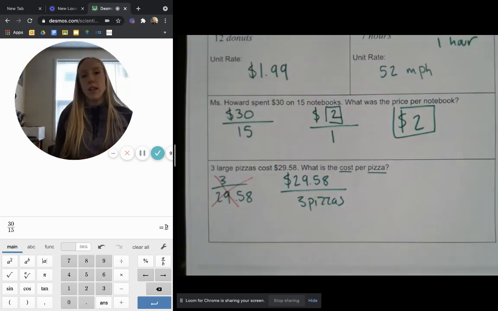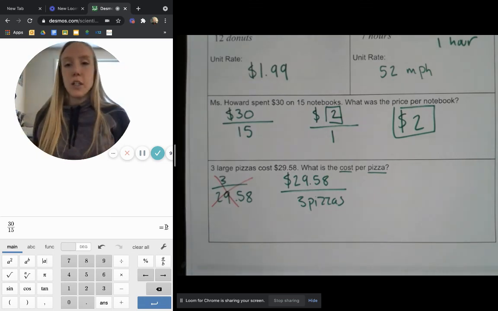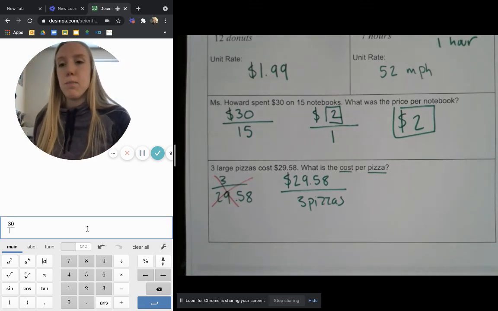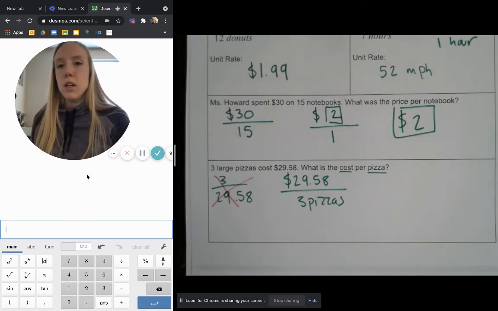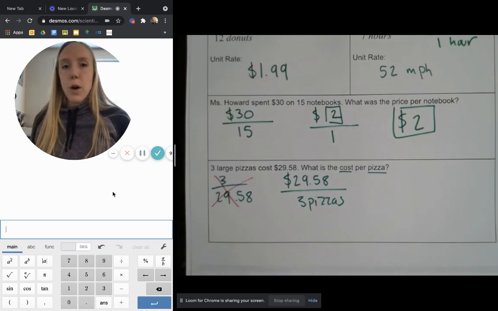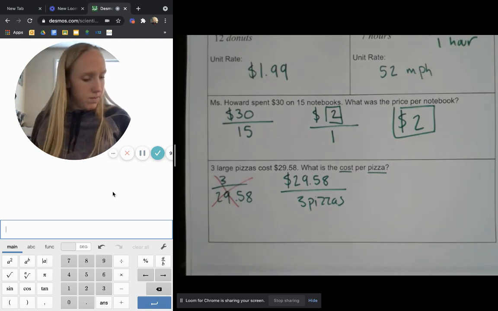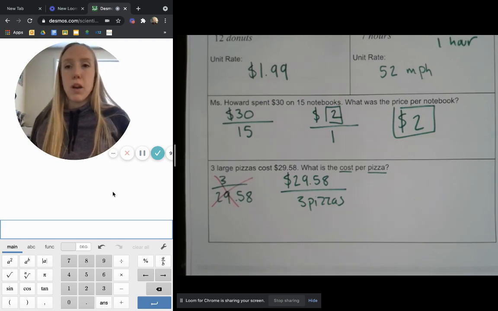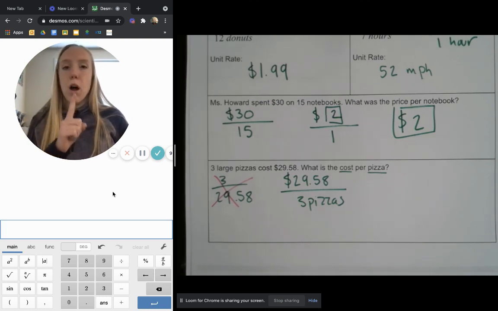So again, you're going to divide this. So I want you to enter this in your calculator really quick. You might be on Desmos. So go ahead and enter that on your calculator. $29.58 divided by 3 because we want to know the cost per one pizza.